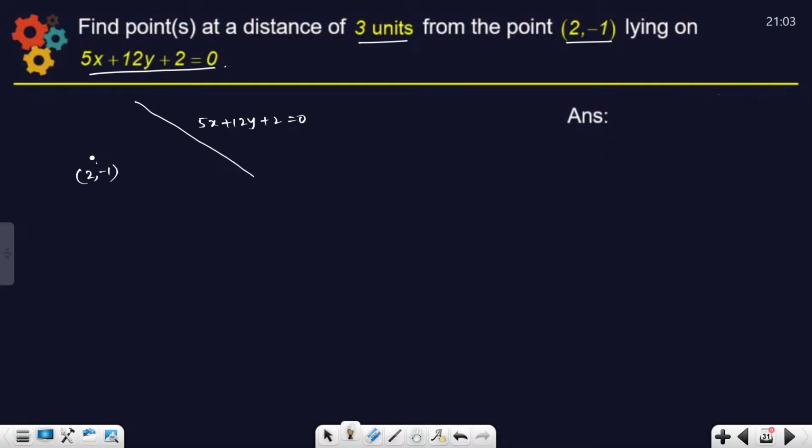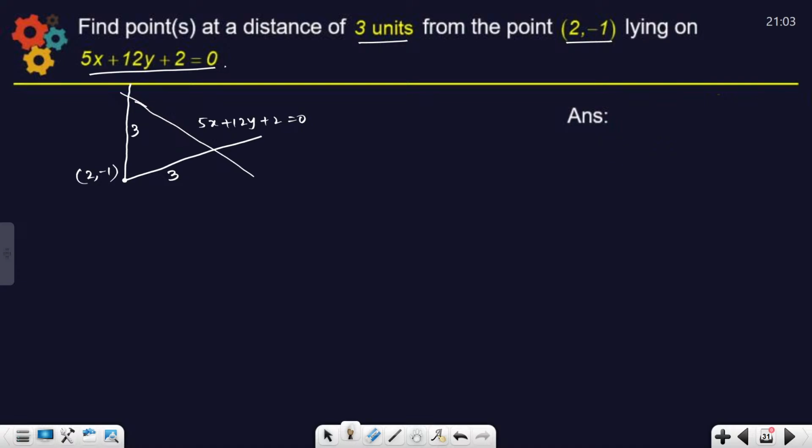So you have to find points at a distance of 3 units from this point. I will simply draw this. This distance is 3 units. There will be another point on the other side also at a distance of 3 units, but I will consider only one. Automatically 2 points will come because we will be calculating with a plus minus sign in the parametric form.